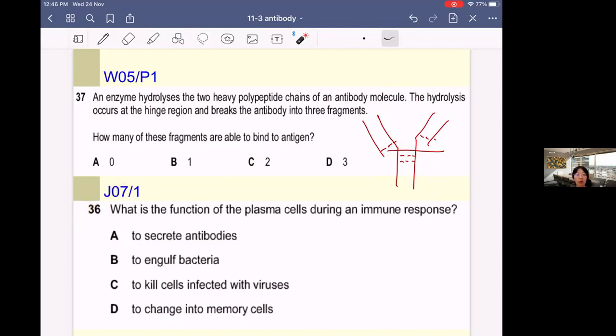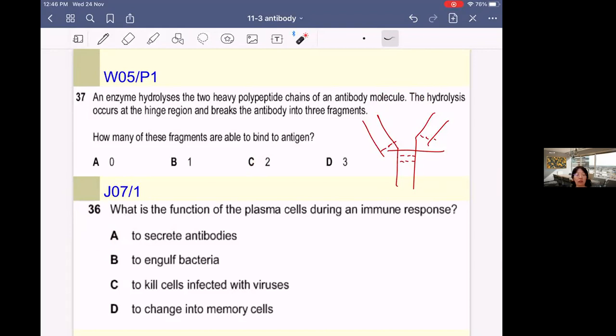Question 36. What is the function of the plasma cells during an immune response? Very easy, right? To secrete antibody. So this is a free gift in MCQ. Usually MCQ has free gift questions like this, very direct questions. How many very easy questions? Usually 5, I think. 5 very easy questions, 5 very difficult questions.